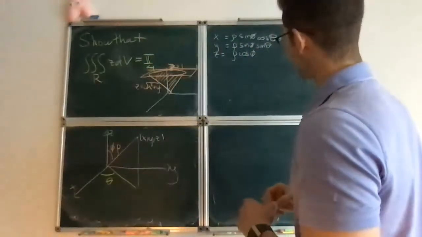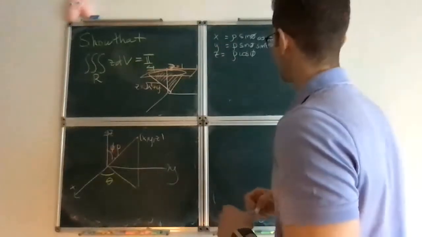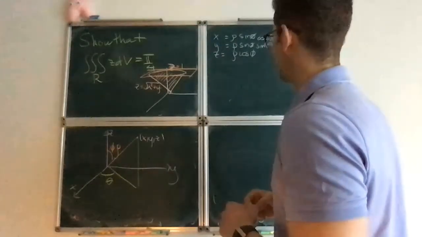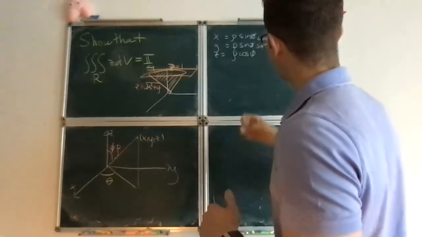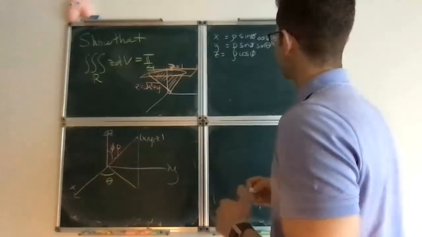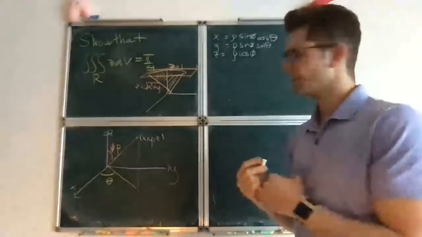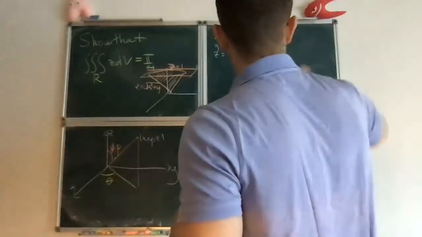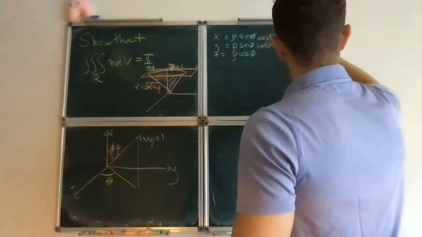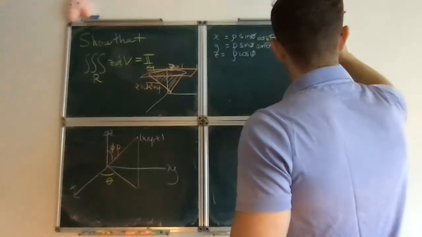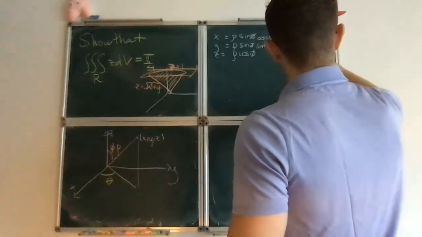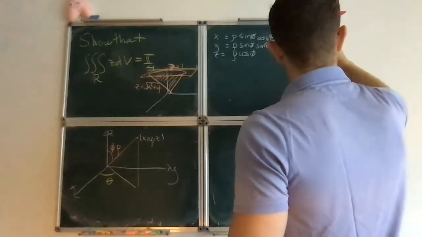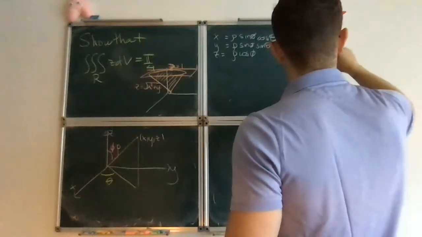So basically y is the one that has the two sines, and everything has a rho. Okay, now the dv in this case, remember, is rho squared sine of phi, d rho d phi d theta.